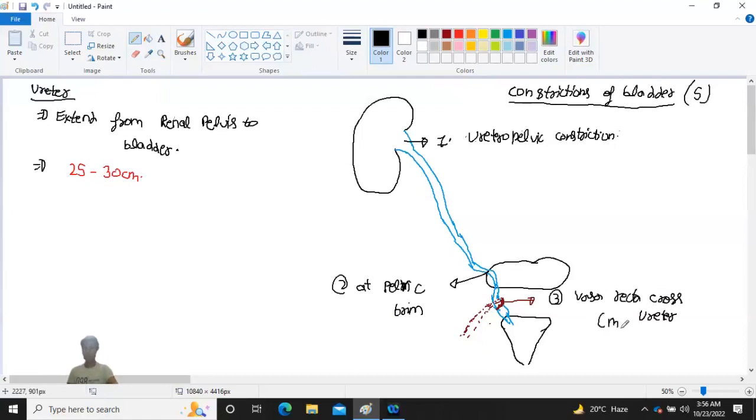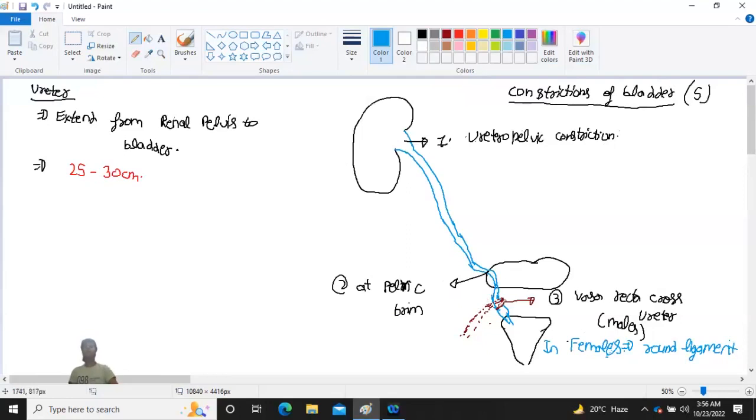In males, but in females it is round ligament.